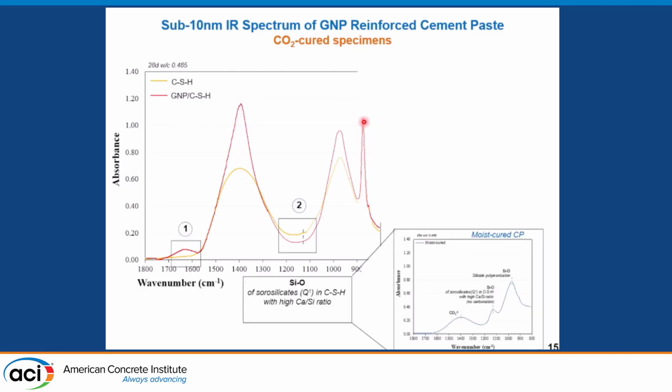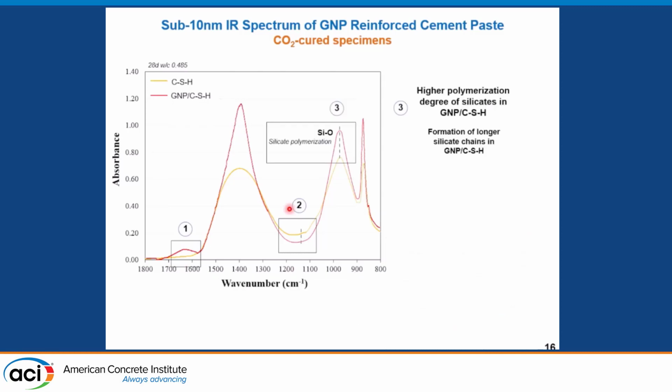Remember here that the silicon oxide peak at the 1150 wavelength appears only in non-carbonated specimens, and this is due to the existence of the high calcium to silica ratio. Now, during carbonation, the calcium is consumed due to the formation of calcium carbonates. Therefore, the calcium to silica ratio decreases and this peak disappears.